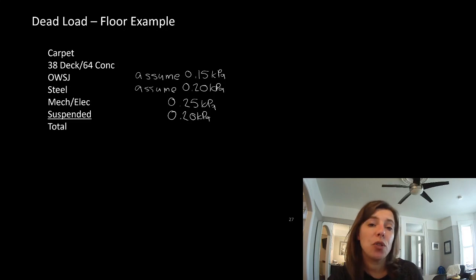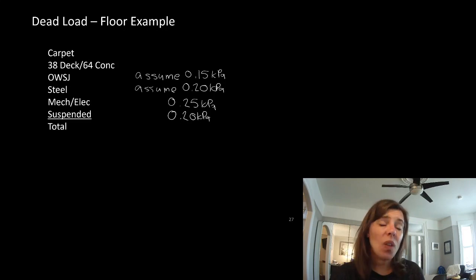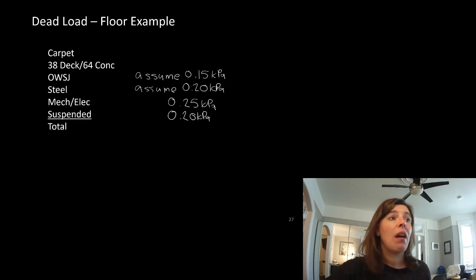And for our open web steel joists, we're going to assume 0.15 kPa. So we really only have to look up our carpet and our 64 concrete on 38 deck. So let's go look up those two right now.